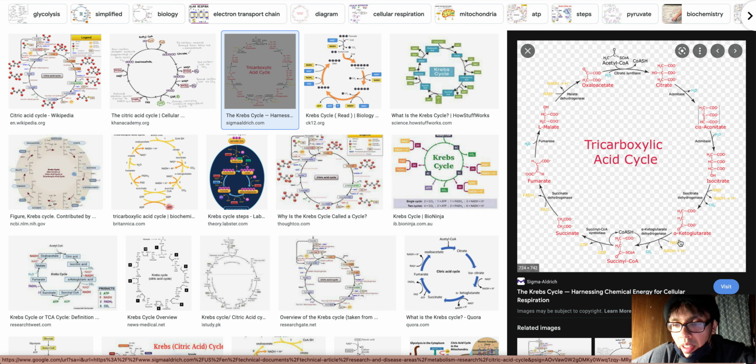Alpha-ketoglutarate acts as an exchange molecule for oxaloacetate to come in. You see how alpha-ketoglutarate is formed here? It is eventually dehydrogenated through alpha-ketoglutarate dehydrogenase into succinyl-CoA, but some of it also leaves the mitochondria through the malate aspartate shuttle.